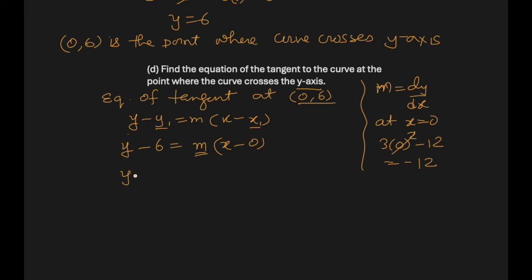So equation becomes y minus 6 equal to minus 12x. So we can rearrange it. We can write y equal to positive 6 minus 12x.